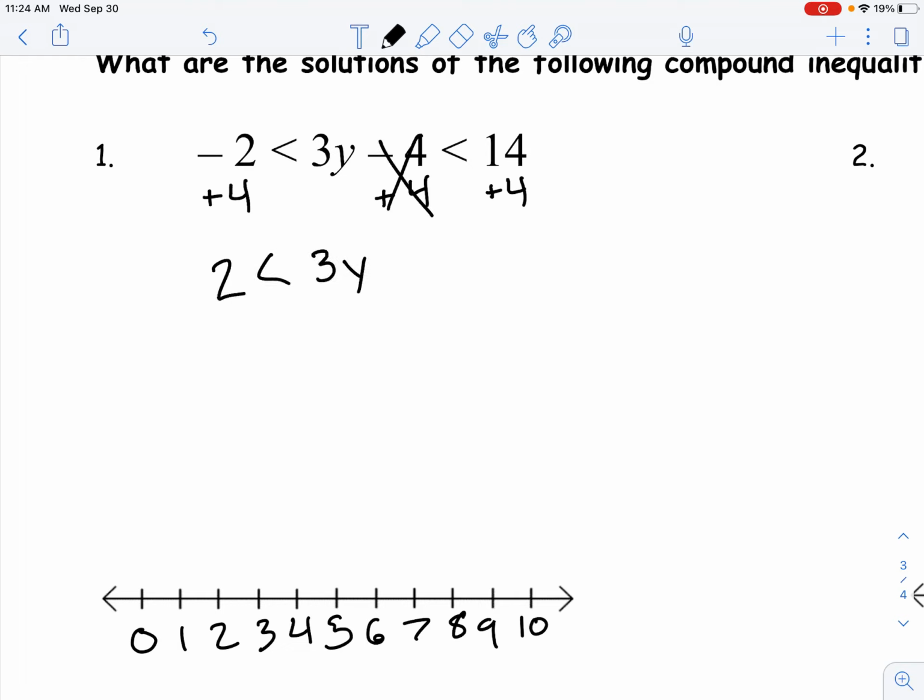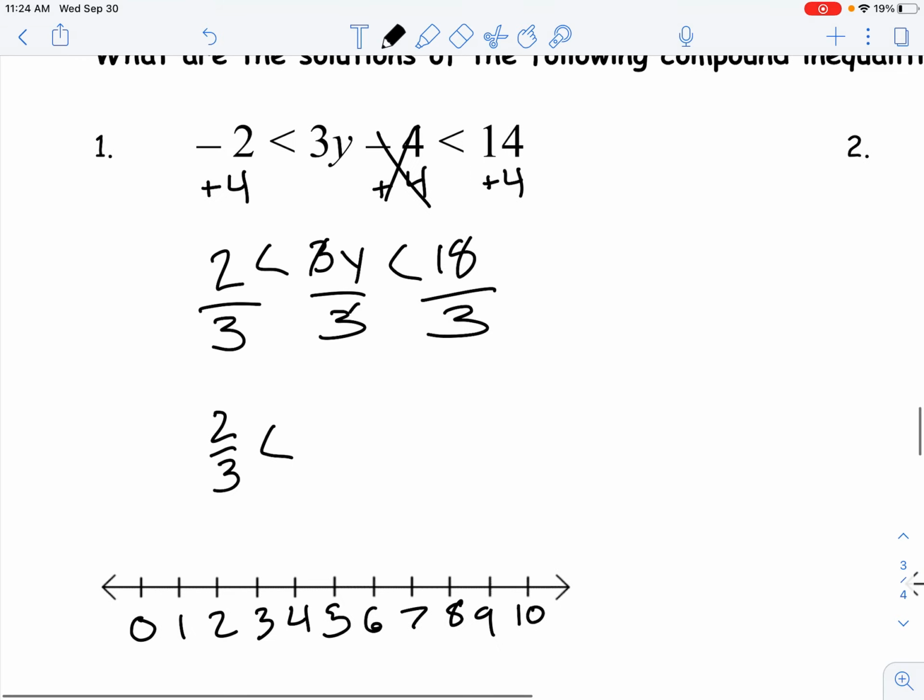3y, these cancel out. And 18. Now I can divide by 3. So then we would have 2/3. Keep my sign the same. We would have those cancel out. We'll just have a y there.